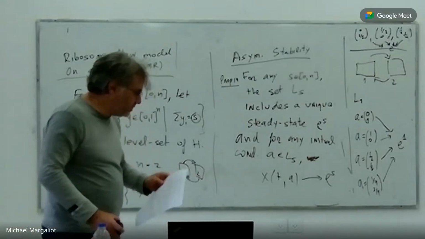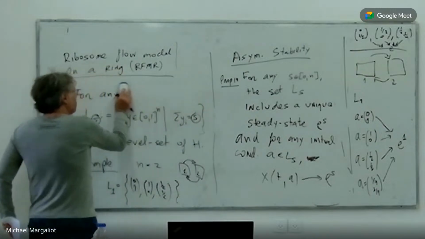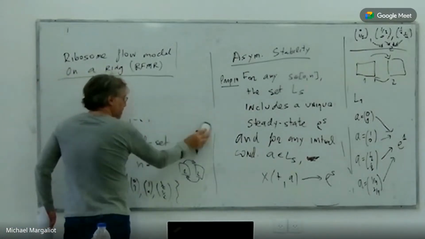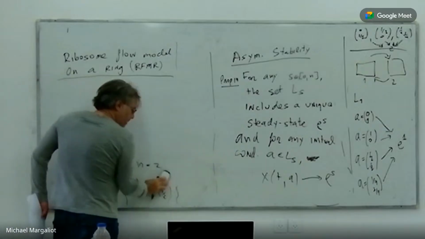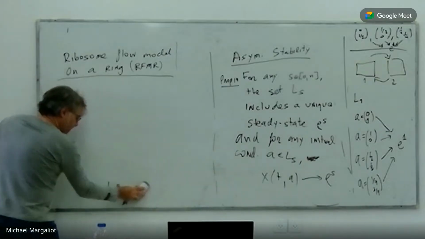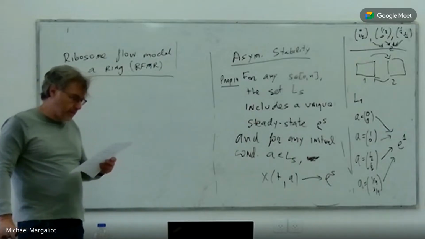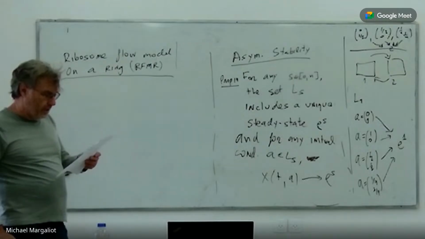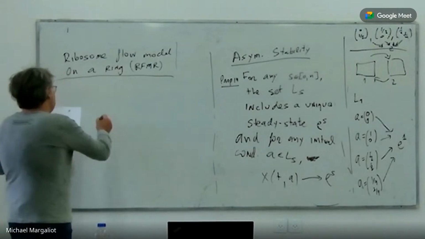And now I would like to say something about the equilibrium. Just like we got for the RFM, we can get a spectral representation for this steady state, but here we need to be a little bit more careful. So let's try to see what the equilibrium point looks like.